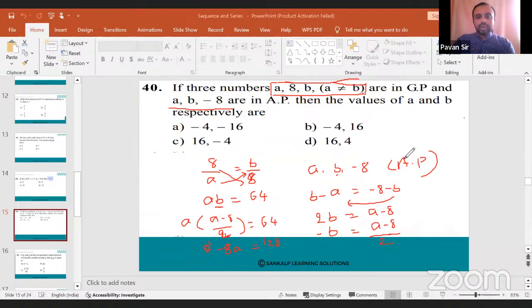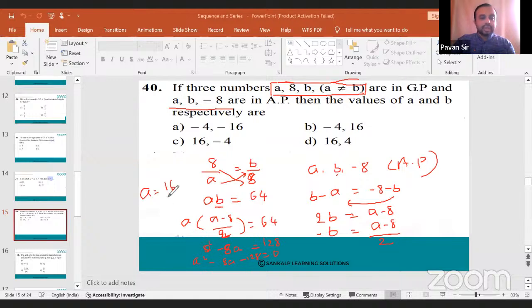So you will get the equation A square minus 8A minus 128. Try to solve it. After solving this, you will get A as the answer, that is 16.